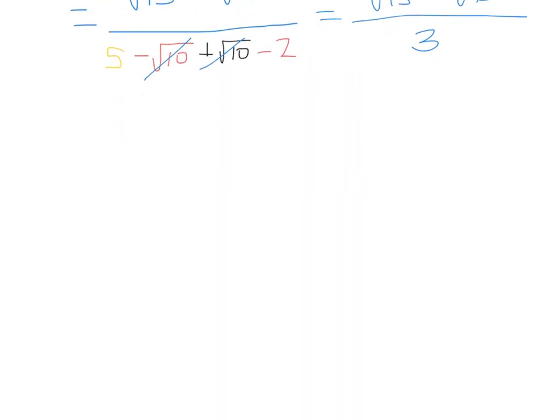We have got 3x over 1 minus, and here's the radical that we're going to need to rationalize, square root of x plus y. Okay, so it looks a little different than the previous one, but we're going to apply the same principle.